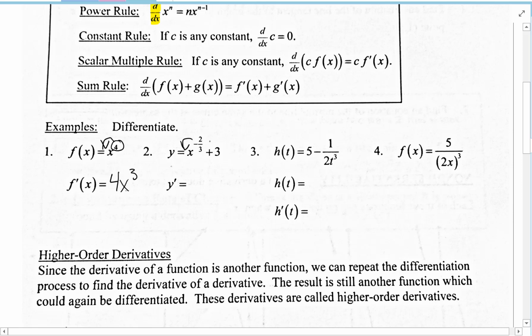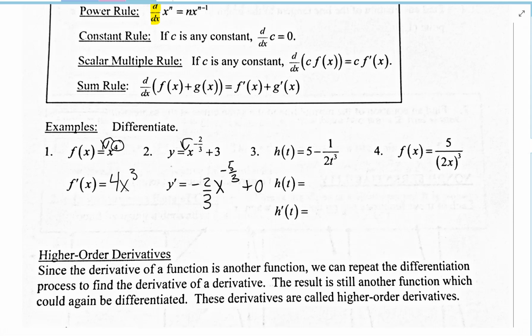Pop down, power down, negative 2/3 is my coefficient. Now x to the negative 2/3 minus 1. So negative 2/3 minus 3/3 is negative 5/3, plus the derivative of 3, that is 0.